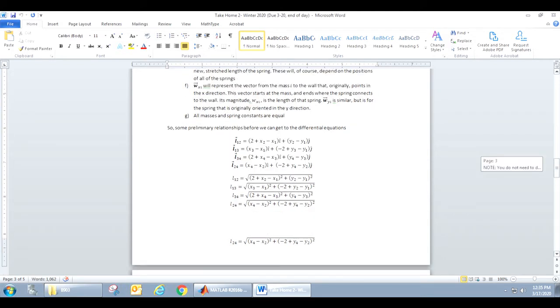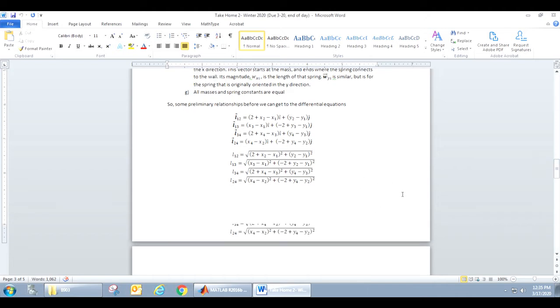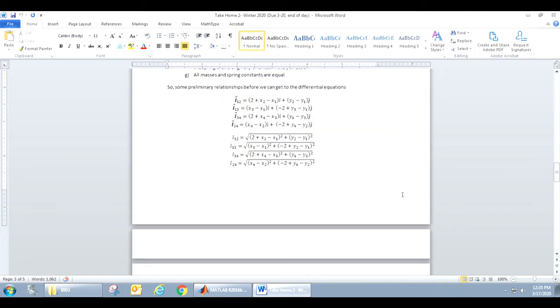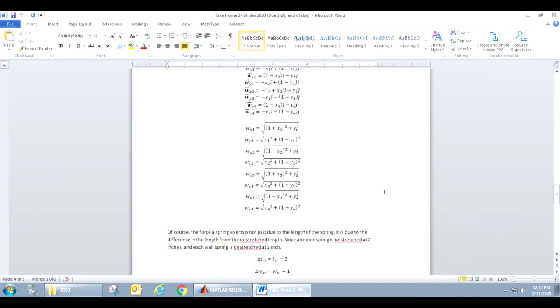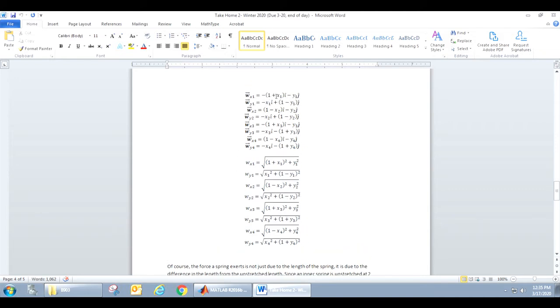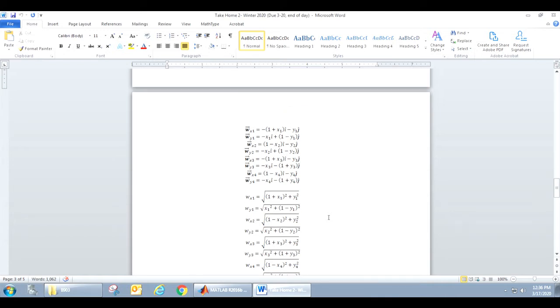So as we work our way down, this all culminates in a final set of equations. Wait for it. The scrolling eventually works. Here I give you what these magnitudes represent. These formulas are not so important. If you've got vectors described, then these are just the magnitudes of those vectors, so that shouldn't be too odd. L represents the lengths.